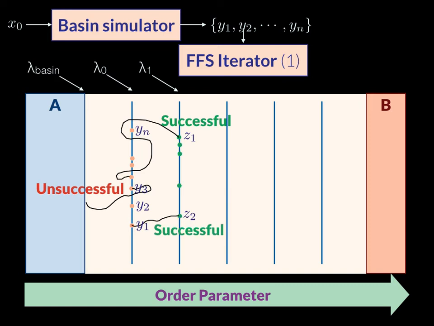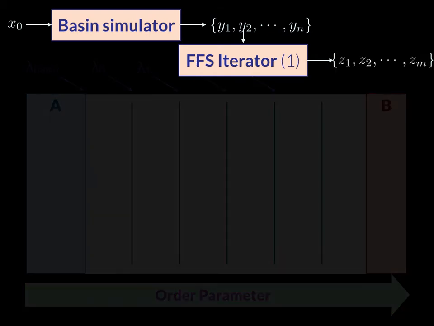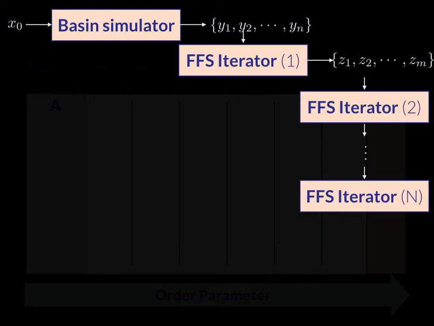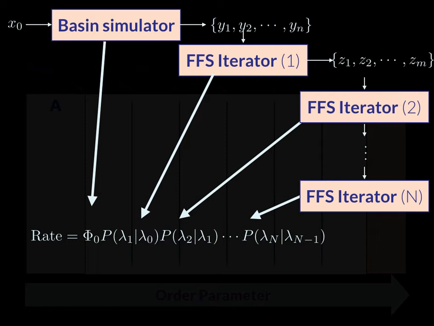And the fraction of successful ones will give you the transition probability of going from 0 to 1. And we continue this process by passing along this second batch of configurations to the next iterator. And by doing that all the way towards the end, and by combining these transition probabilities and the initial flux, we get the overall flux or rate.